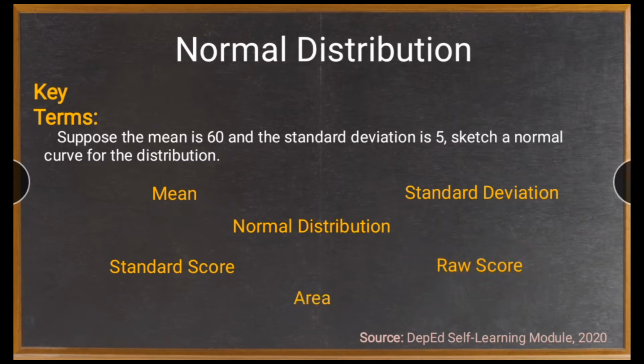And we also have the area. The area under a normal distribution or normal curve represents the probability, and the total area under the curve is equal to 1.